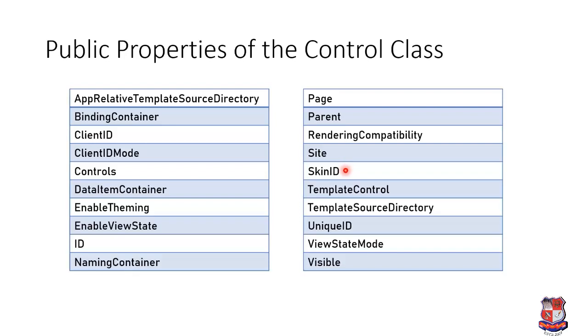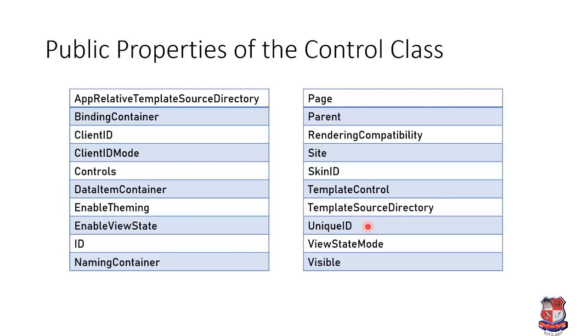Next is SkinID. It obtains the skin to apply to the server control. Next is TemplateControl. It obtains a reference to the template that contains the server control. Next is TemplateSourceDirectory. It is used to obtain the virtual directory of the page instance or user control that contains the current server control.